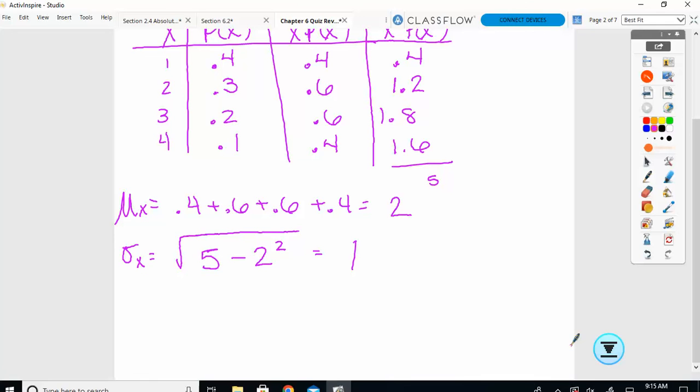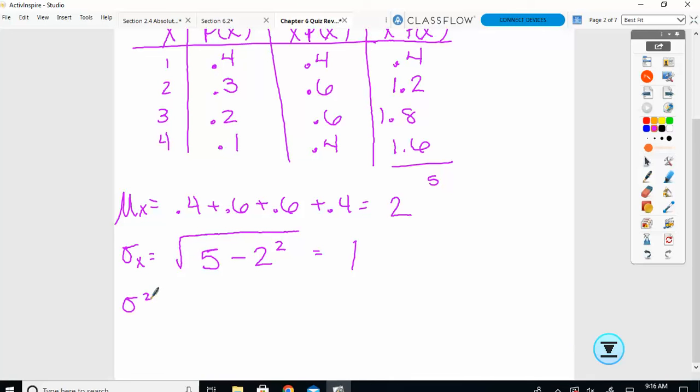I also asked for variance on here. I don't have a bubble for variance, but do you remember, if you look back in chapter 3, if we have standard deviation, that was sigma, what's population variance? Sigma squared.